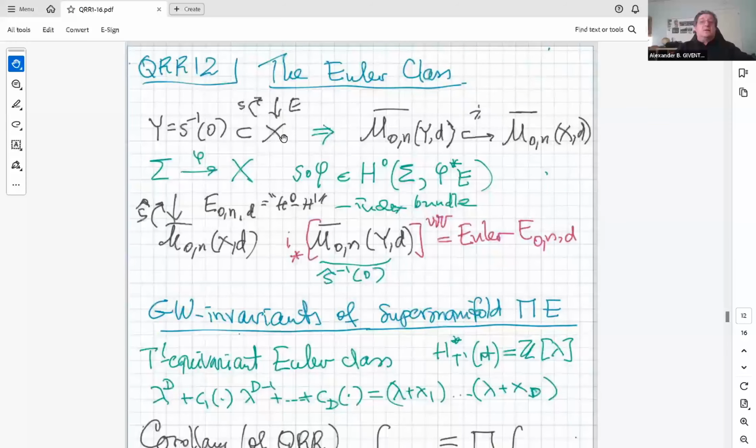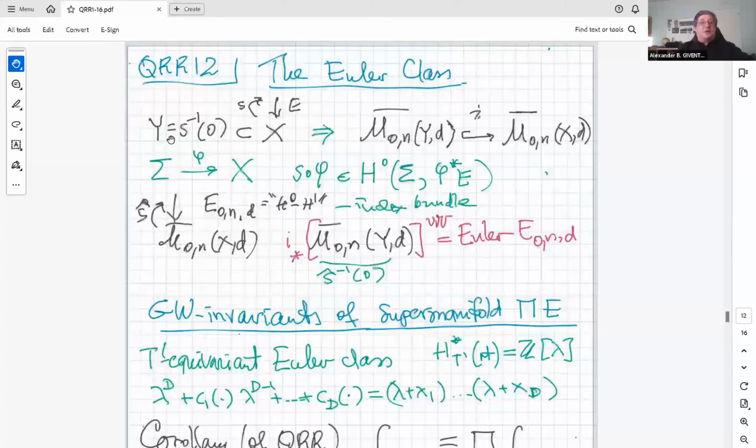Suppose that there is a situation, so that there is some space X, for instance, a complex projective space, and Y is some hypersurface, or maybe the zero locus of a section of some holomorphic vector bundle over it.